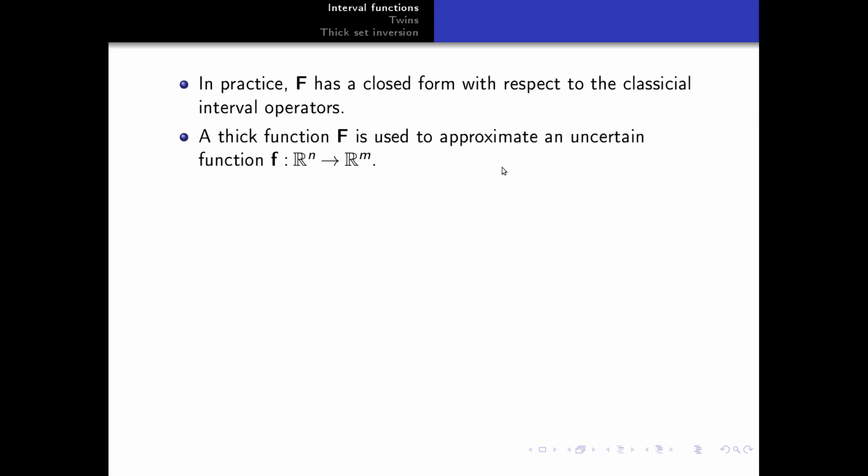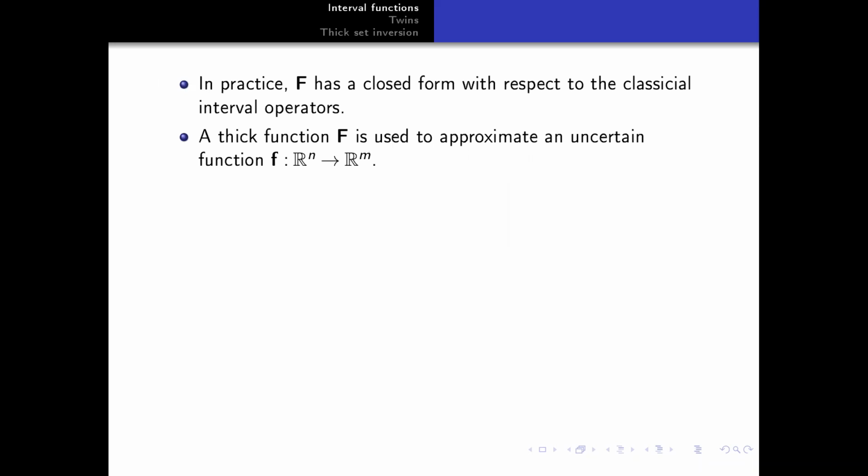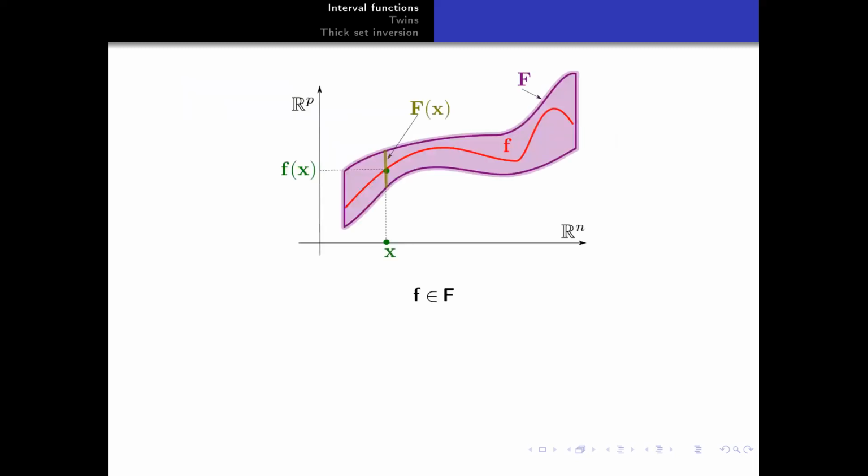So in practice, in our application, F has a closed form. So with respect to the classical rules of interval arithmetic, such as this one, it is a closed form. And a thick function will be used to approximate an uncertain function, which is maybe not classical. Okay, so let me give you just a representation.